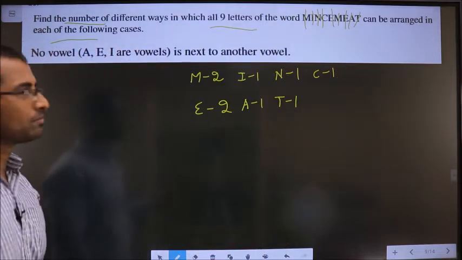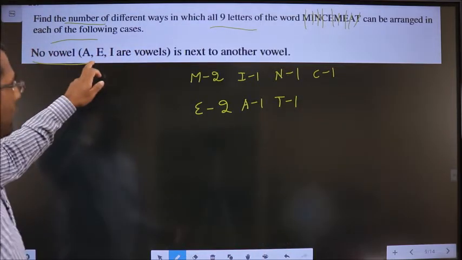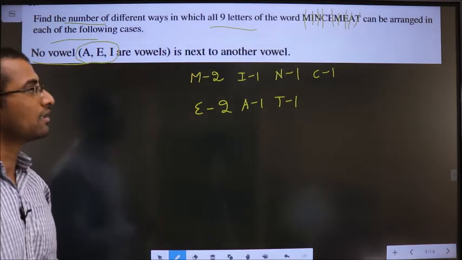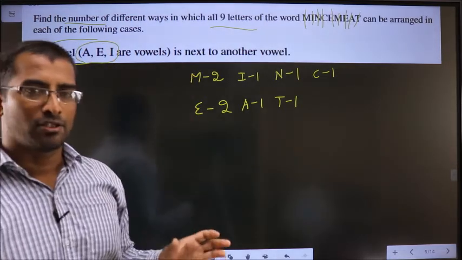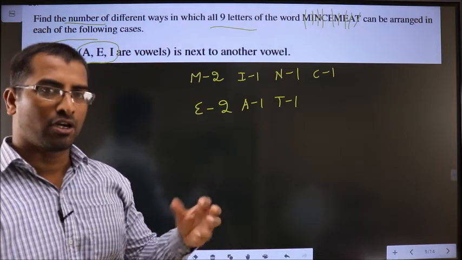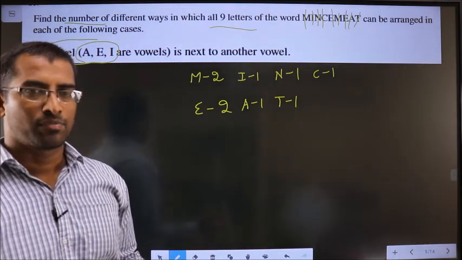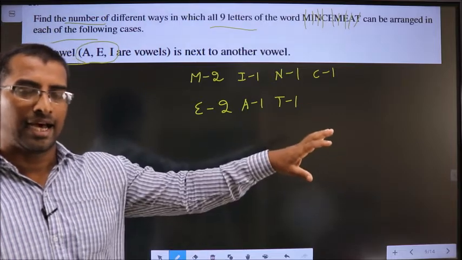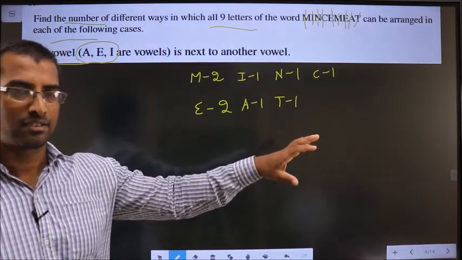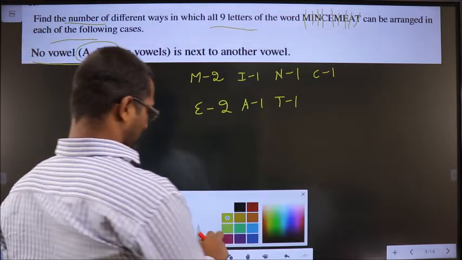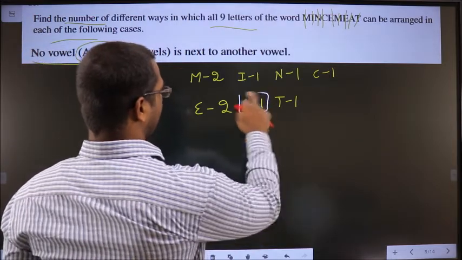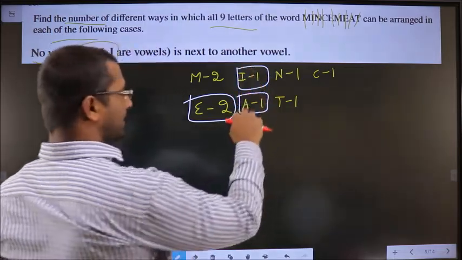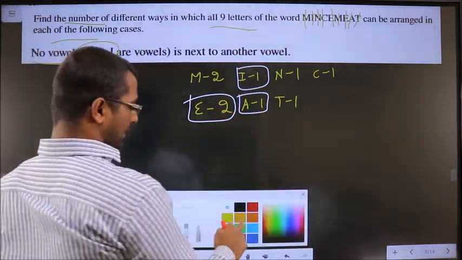Now, no vowel A, E, I is next to another vowel. I should make sure the condition that a vowel is not next to another vowel. For that to happen, I put the vowels separate and arrange the remaining letters. So, A, E, I. Leaving these, I am arranging the rest.